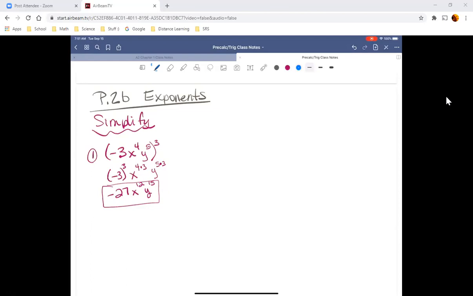Want to try another one? Let's say we have in parentheses -7 x y to the 4th, all in one set of parentheses, times -2 x to the 5th y to the 6th.